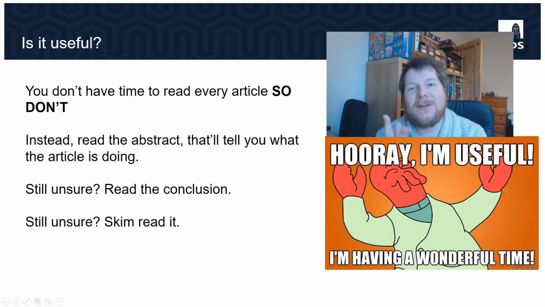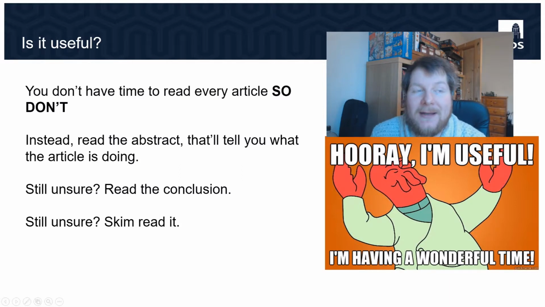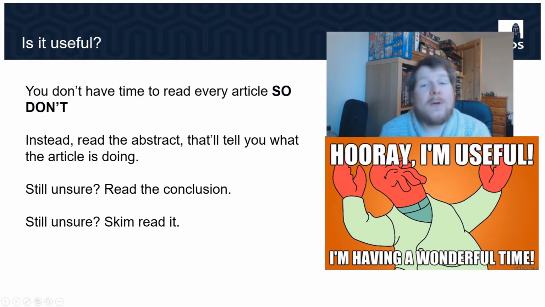And we don't have time to force ourselves to read every article that we come across. If all the articles are 30 pages long and we have 20 of them, then what's that, 600 pages to read? Good grief, that's a lot of stuff, even for me. No, thank you. So we need to find out what is useful for us to read and what isn't.